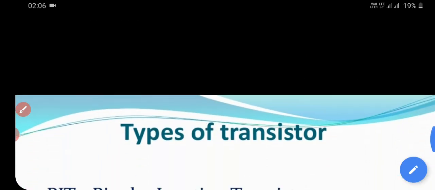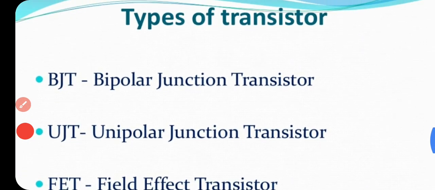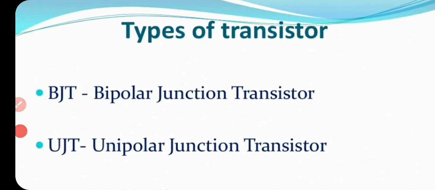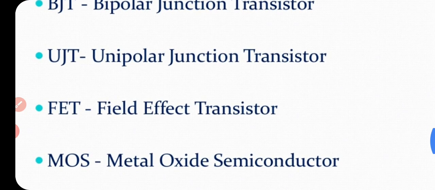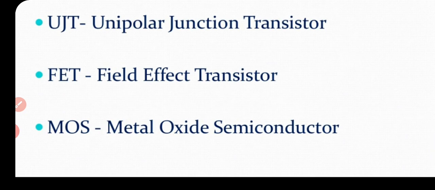Now we study the use of transistor. Transistor is used as a switch and as an amplifier. We can use transistor as an open switch and closed switch in cutoff and saturation region. Types of transistor: BJT bipolar junction transistor, UJT unipolar junction transistor, FET field effect transistor, MOSFET metal oxide semiconductor.